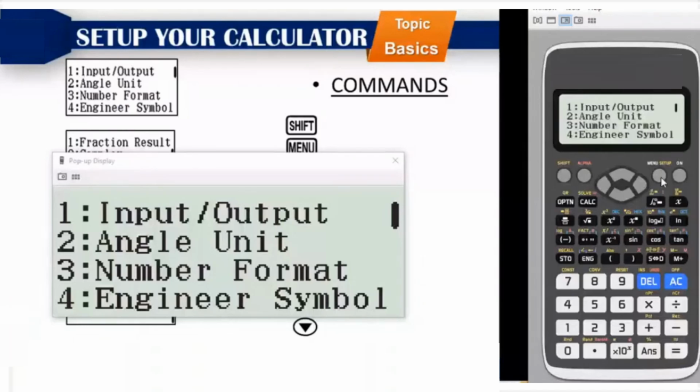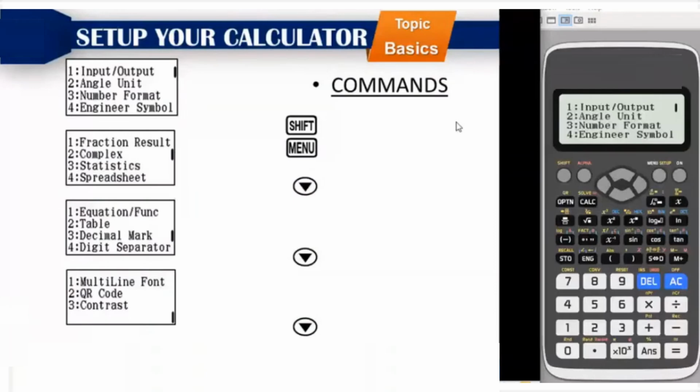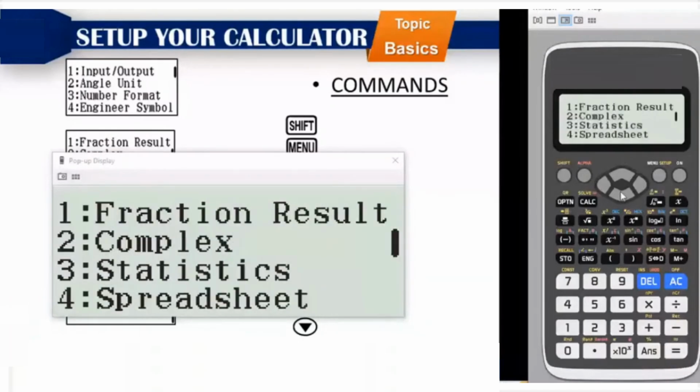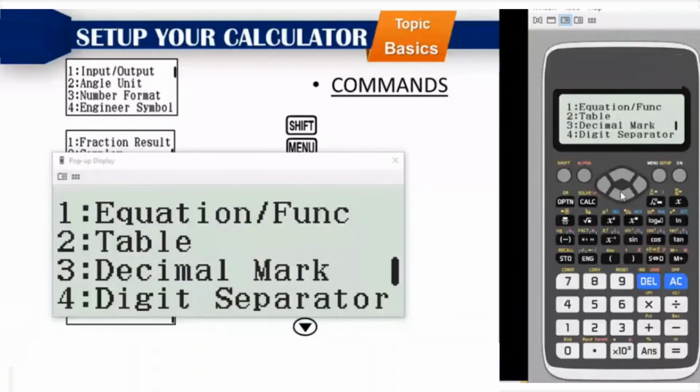So I'll run through setup and see all the features that are available in setup. The first feature in setup is input output, angle unit, number format, and engineering symbol. If I scroll down, it is fraction result, complex results, statistics, spreadsheet. If I scroll down, it is equation function, table, decimal mark, digit separator.